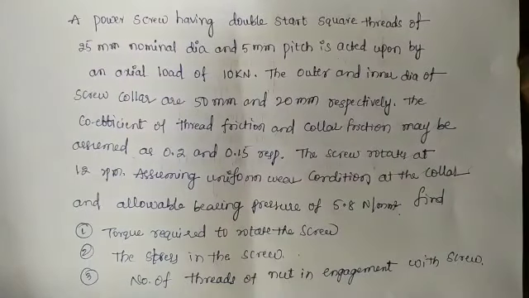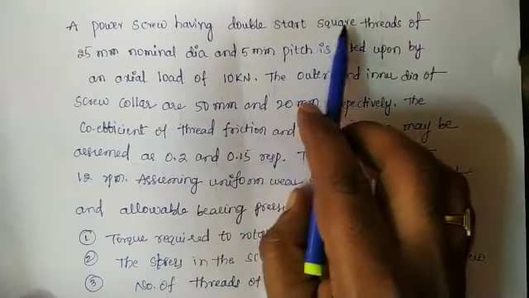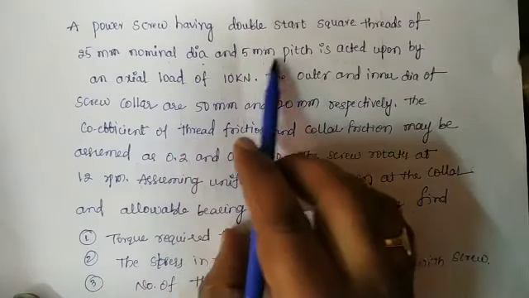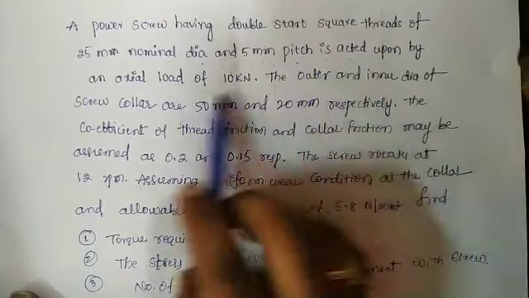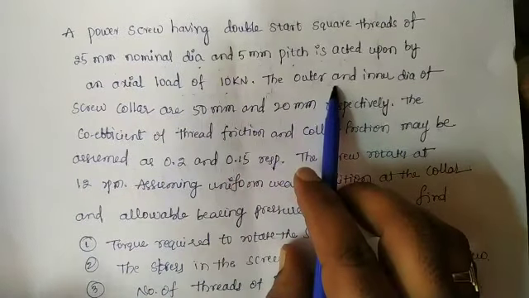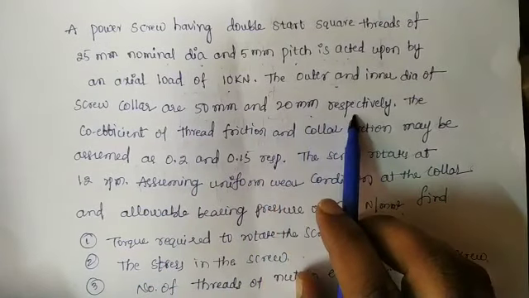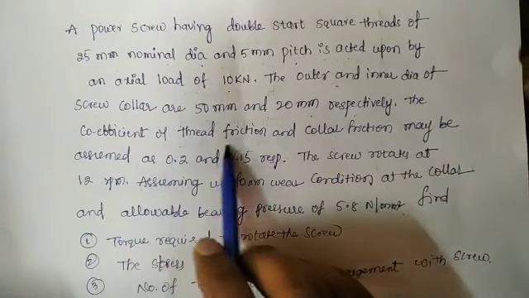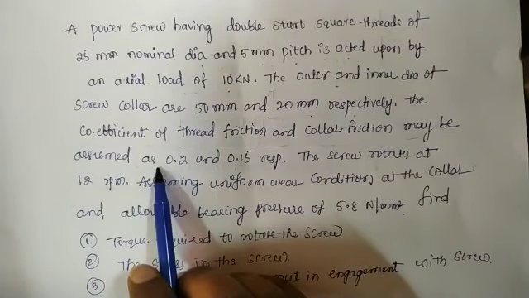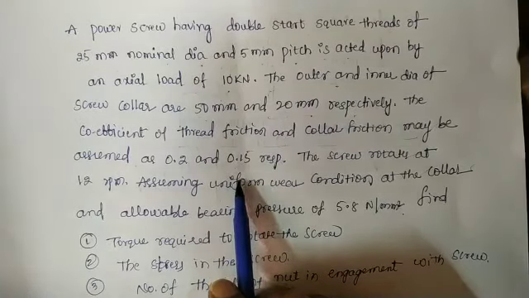Stress related problem. A power screw having double start square threads of 25 mm nominal dia and 5 mm pitch is acted upon by an axial load of 10 kN. The outer and inner dia of the screw collar are 50 mm and 20 mm respectively. The coefficient of thread friction and collar friction may be assumed as 0.2 and 0.15 respectively.